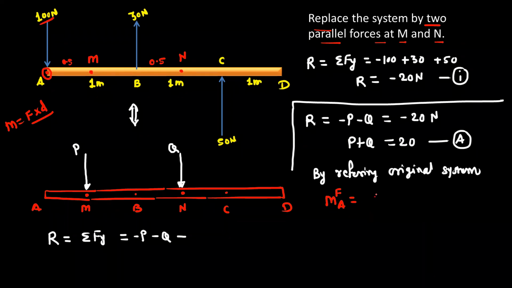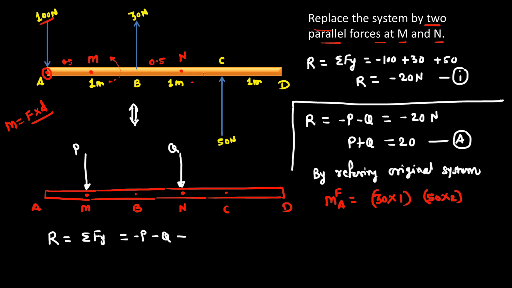Then second is 30 into its distance with respect to point A, it is 1 meter. And this moment is anti-clockwise about the point A. So it is positive. Next is 50 Newton, and distance is 1 plus 1, so this is 2 meter.